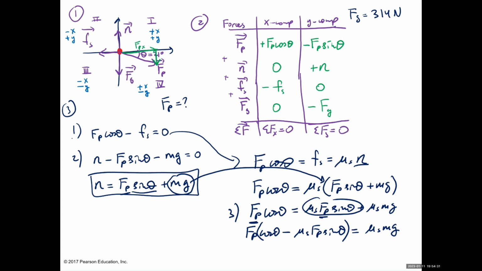So in a way, you could have just gone to equation 1 and said this is, for example, Fp cosine theta minus F s. Instead of moving F s to the other side, you could have just left it here. That means you have your original equation 1 and say that this F s is equal to mu s times normal force, but normal force based on equation 2 is Fp sine theta plus mg equals 0, and then just from that do algebra, right?